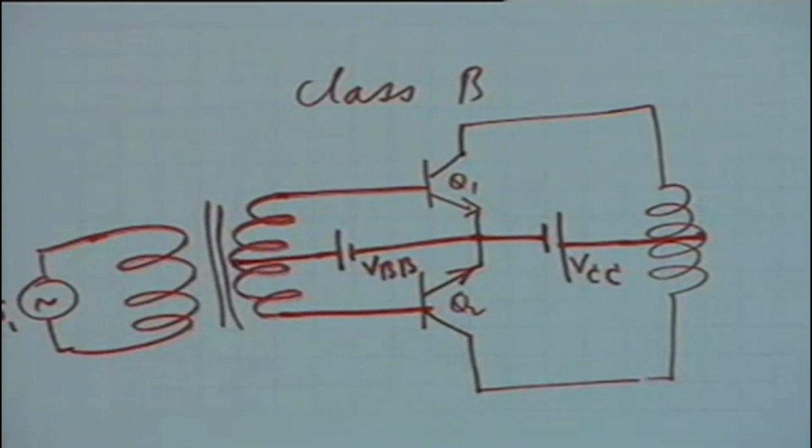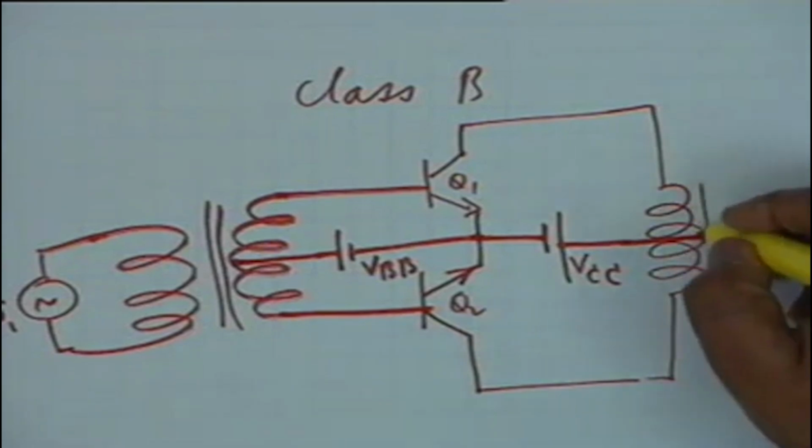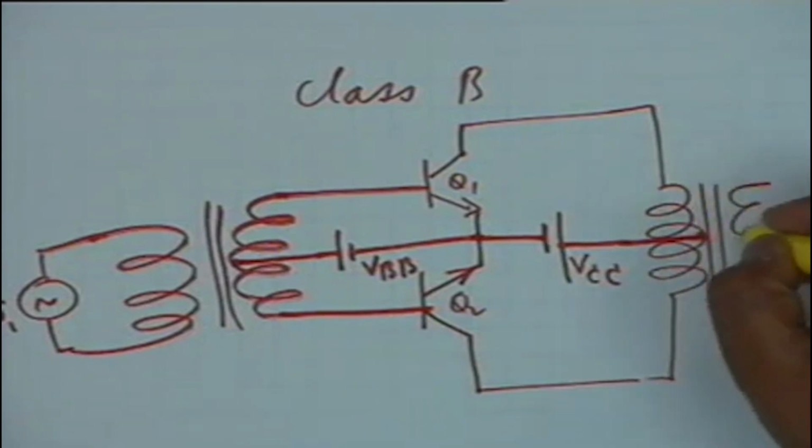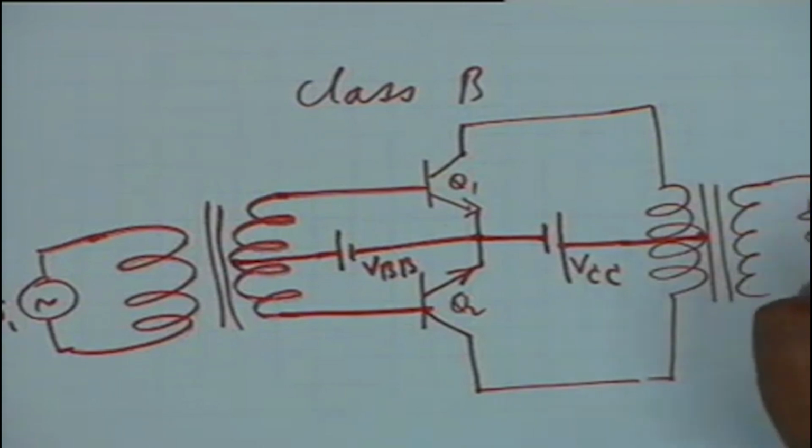The load is in the secondary of the transformer. Let us call the load RL. This is the circuit. Do you understand the circuit?